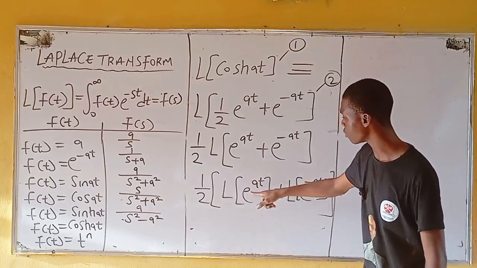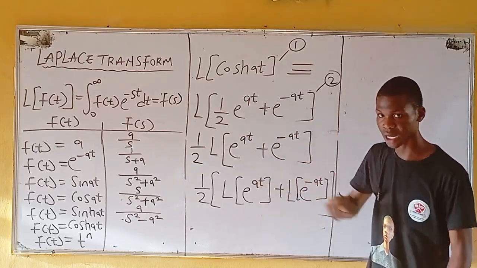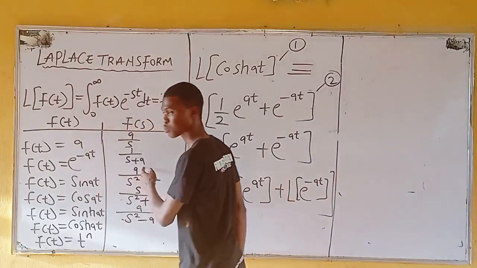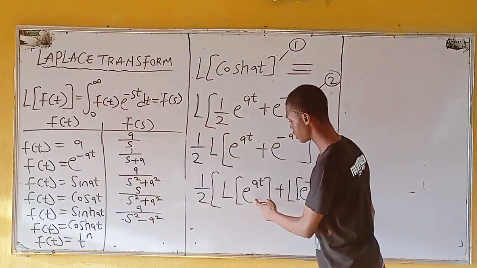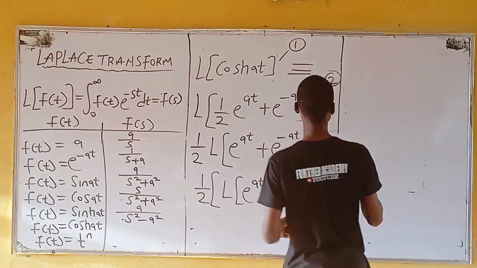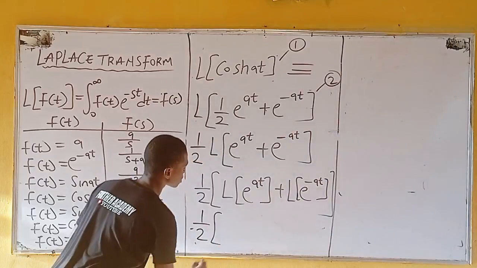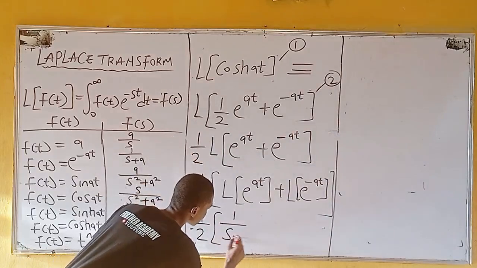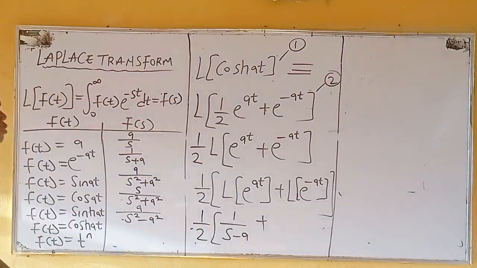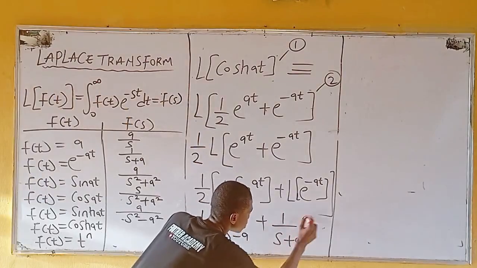The Laplace transform of e to the power of at, what do you call it? 1 over s minus a. In this case, I'm having e to the power of negative at. It becomes plus. But in this case, I'm having e to the power of at, meaning minus, vice versa. Meaning, I'm having 1 over 2 into bracket 1 over s minus a, plus what is the Laplace transform of this? 1 over s plus a, right?